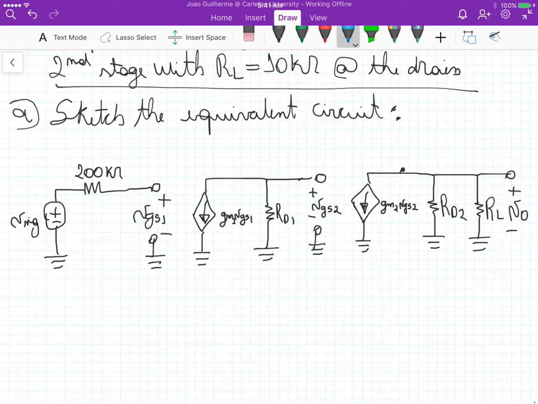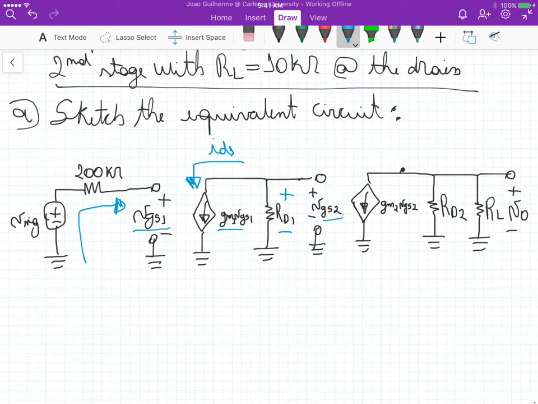So we have our input signal here that changes the voltage VGS1, based on the biasing circuit that we are using for each one of those MOSFETs. We can define a GM1 that gives us a small current ID1 flowing here. This current will force a voltage drop across this RD1. That voltage drop is actually VGS2.